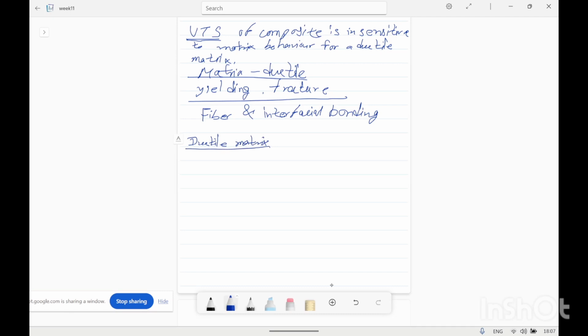So in the ductile matrix, fibers can fracture before the global yield of the matrix, and crack will propagate along the composite. Means the fibers which are very brittle in nature, these are aligned fibers, means continuous fibers.